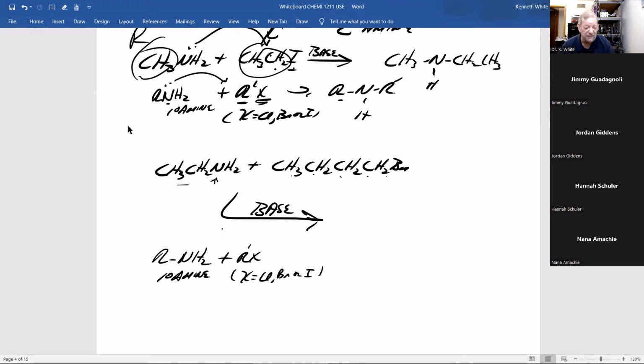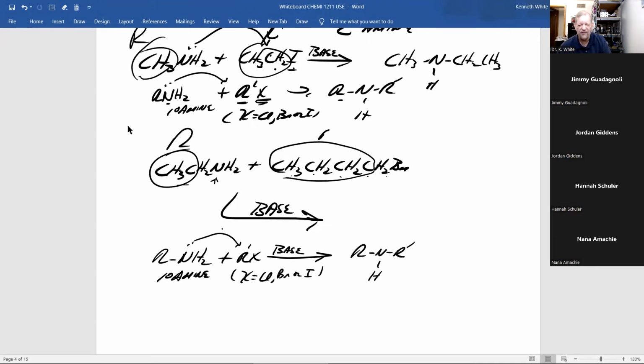Look, bromine becomes romaine. No, we're not doing lettuce in this class. And in the presence of base, this attacks the carbon with the halogen and forms a nitrogen-carbon bond. Remember, there are 3 bonds to nitrogen in amines. And what's my R group? 2 carbons. What's my R prime? 4. The carbon with the halogen is the carbon bonded to nitrogen.